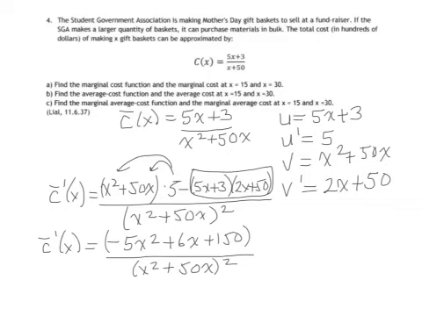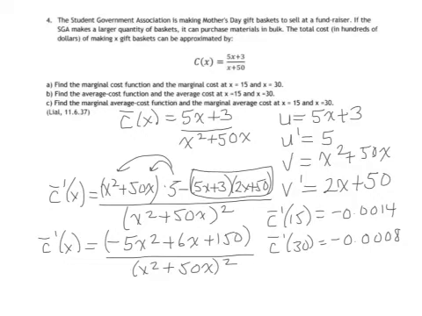The last part of C says now we're going to find the marginal average cost at x equals 15 and x equals 30. So now you're going to be using this marginal average cost at 15, marginal average cost at 30, and you're going to have values of negative 0.0014, and for 30, negative 0.0008.